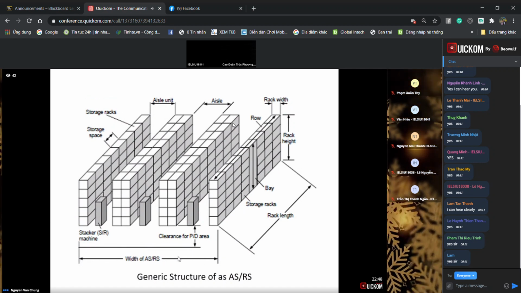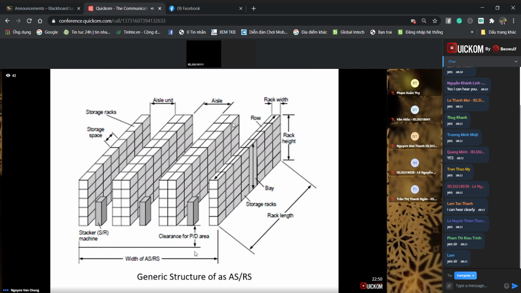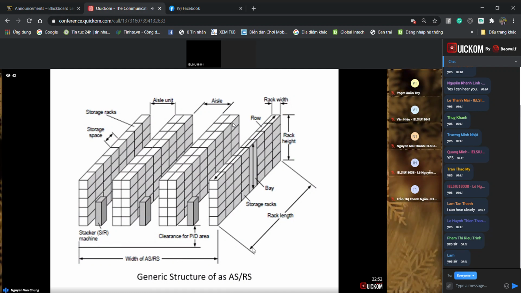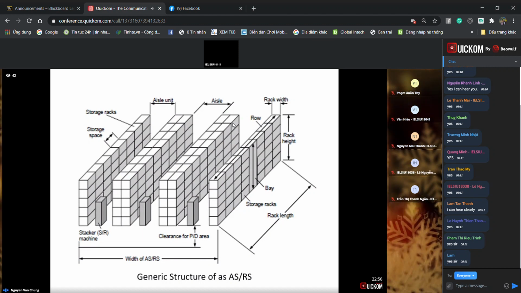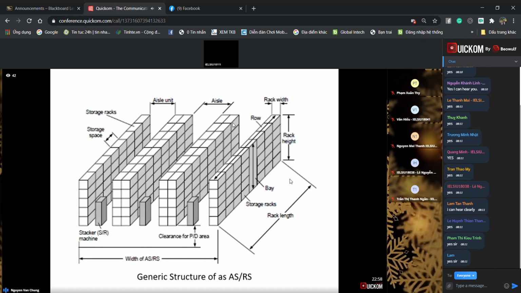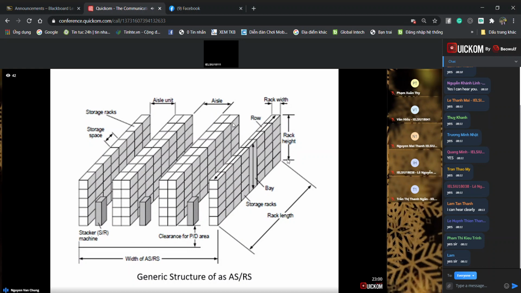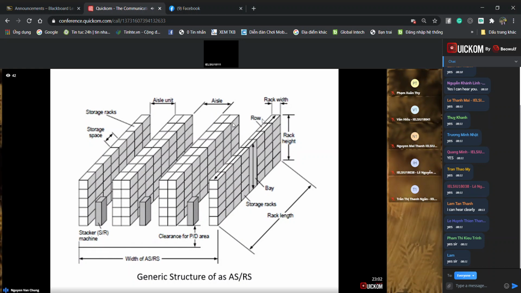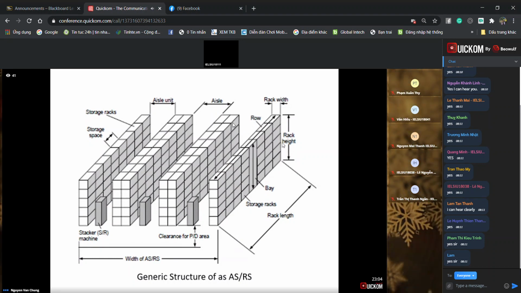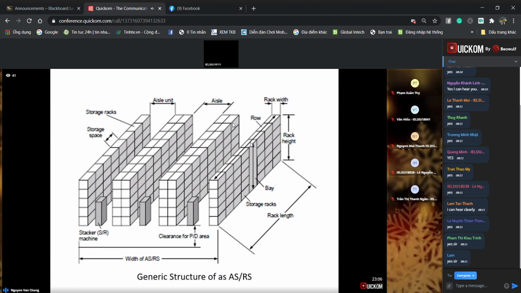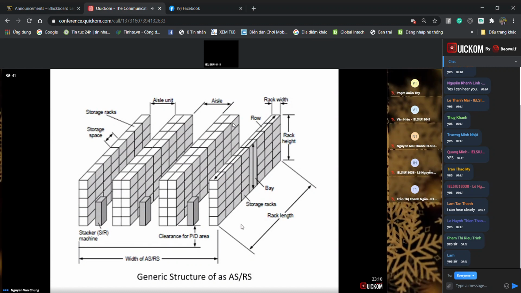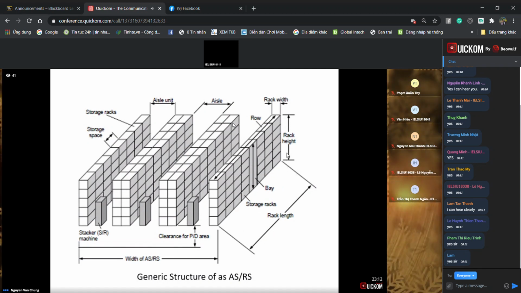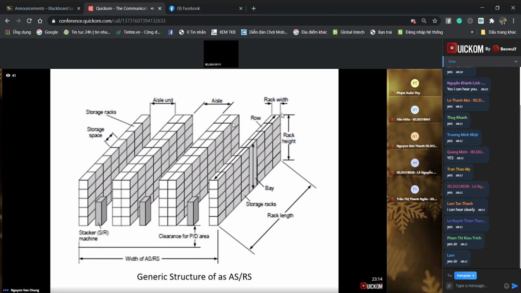The Y of the warehouse, and then you have the rack length, the rack height and the rack width. So like that, this is for only one. And then you see this is the bay and the storage rack. Chiều dài của kệ, chiều cao của kệ, chiều rộng của cái kệ, the rack.